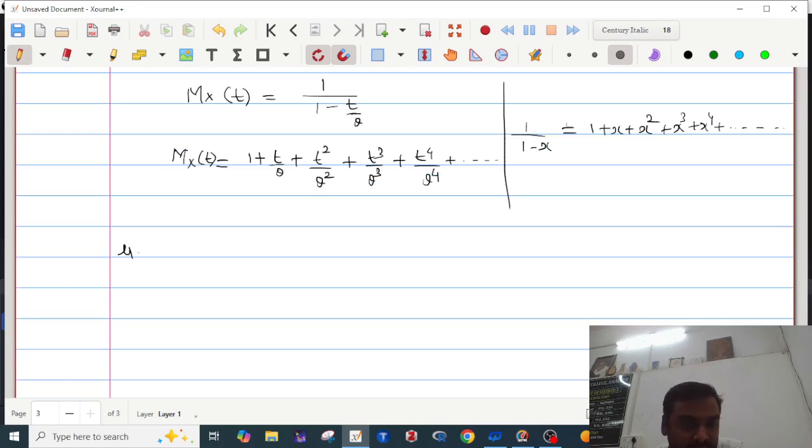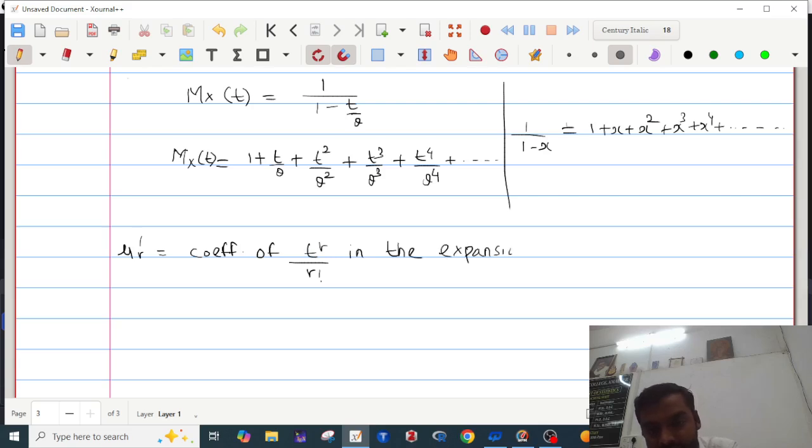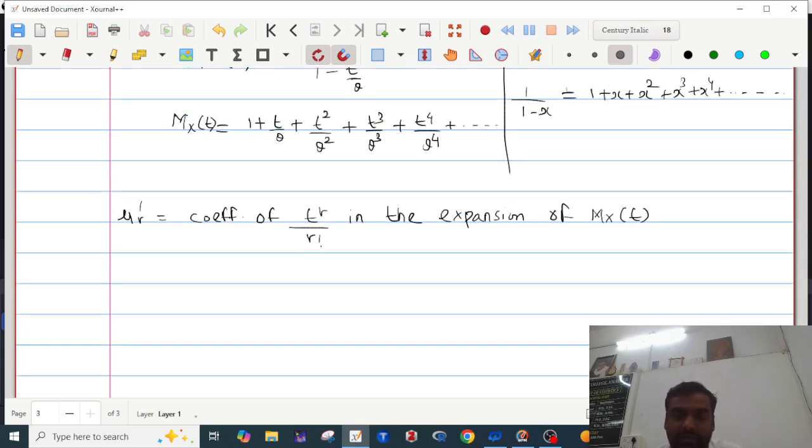Mu r dash are nothing but these are the coefficients of t raised to r upon r factorial in the expansion of M_X(t). Mu 1 dash will be the coefficient of t, and you can easily observe that the coefficient of t here is 1 upon theta.